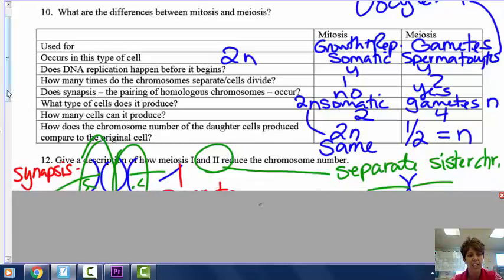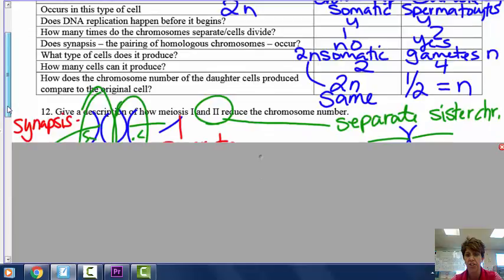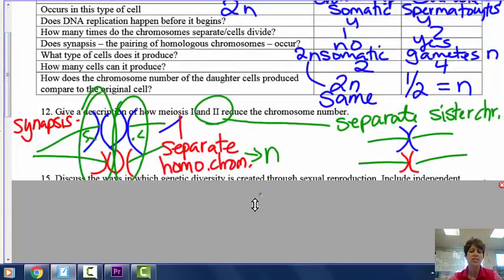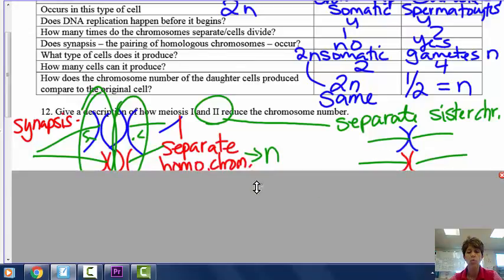Give a description of how meiosis 1 and 2 reduce the chromosome number. So, during meiosis 1, this is really important because you actually end up with haploid cells after meiosis 1. So it's called synapsis, and it is the pairing of homologous chromosomes. And they are copies of each other, so they look like two X's coming together.